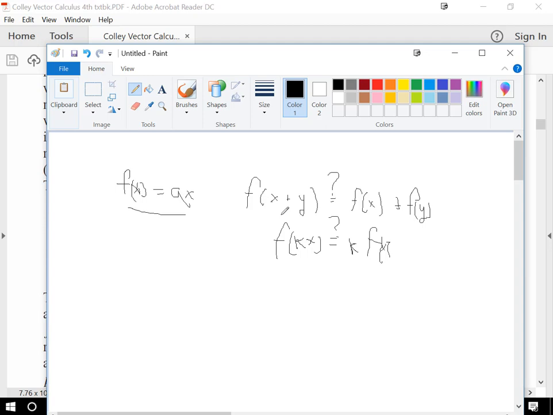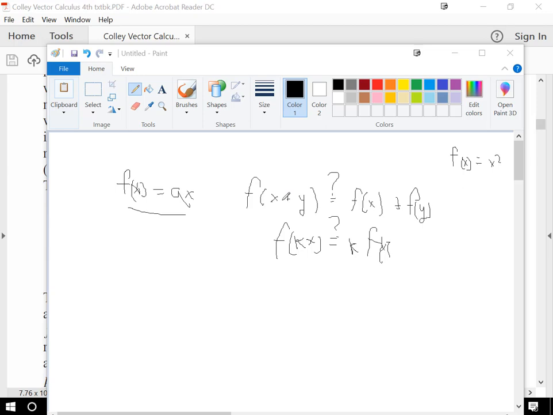What are the two properties? If you take f of x plus y, you can break that up into f of x plus f of y. And if you take f of k times x, you can rewrite that as k times f of x. This is not true for every function. For example, if f of x equals x squared, this won't work.